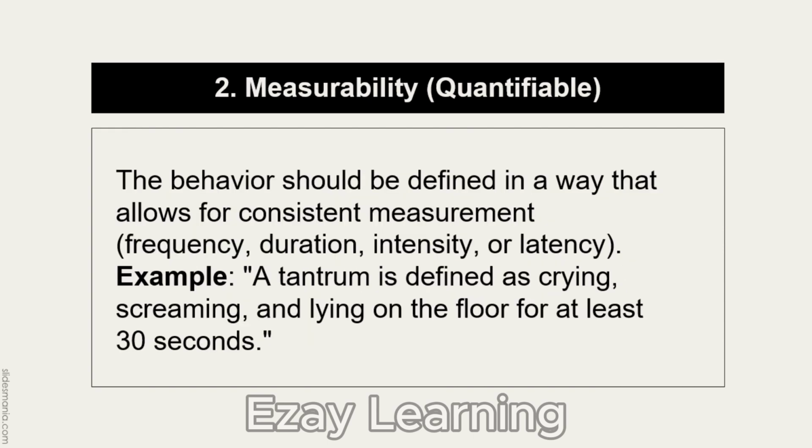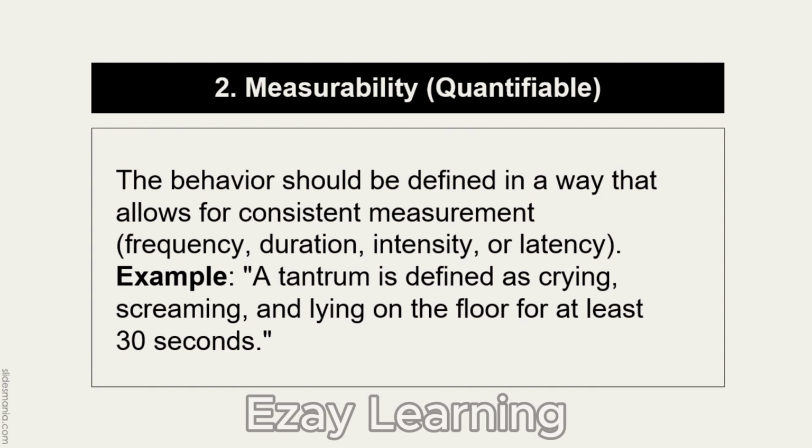Measurability, quantifiable. The behavior should be defined in a way that allows for consistent measurement. It could be frequency, duration, intensity, or latency. We will be covering these later, but you have to define the behavior so that you can measure it. Frequency is the number of times the behavior occurred, duration is for how long. For example, a tantrum is defined as crying, screaming, and lying on the floor for at least 30 seconds.